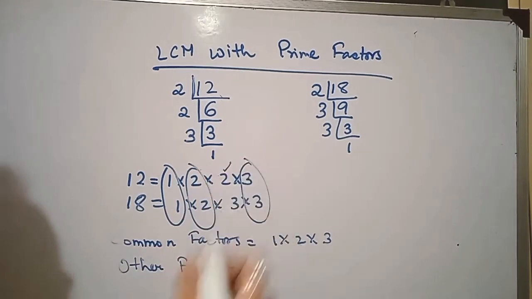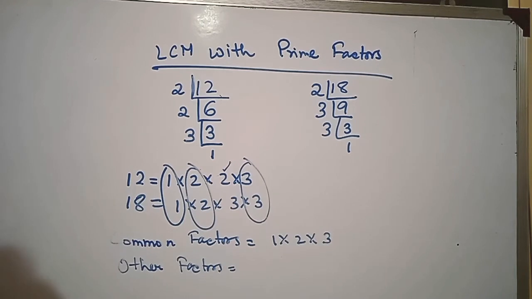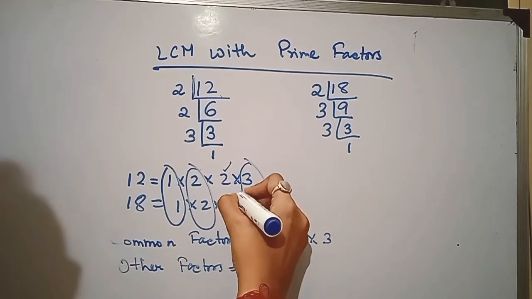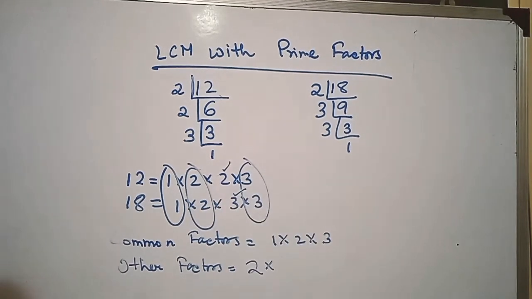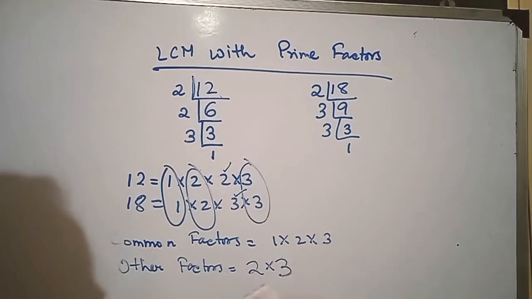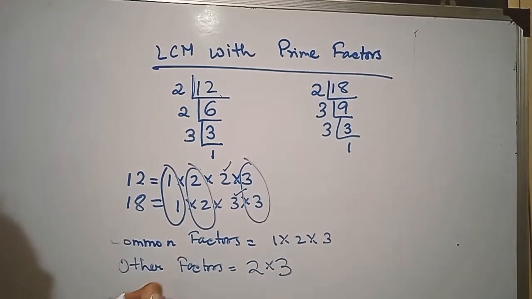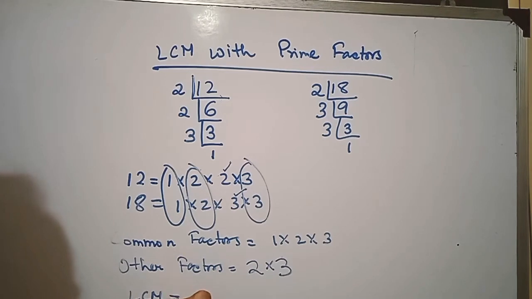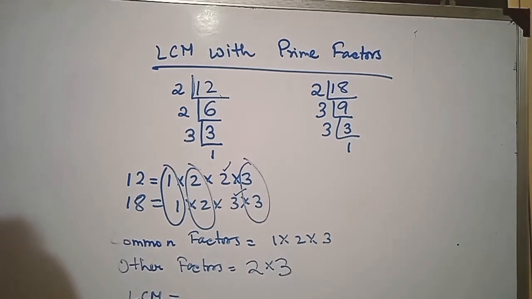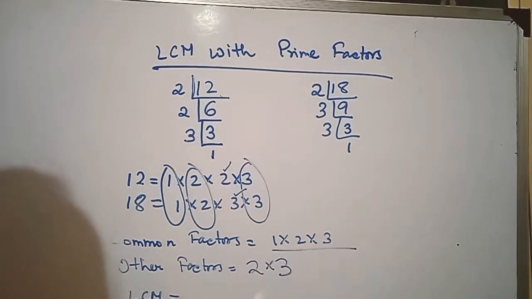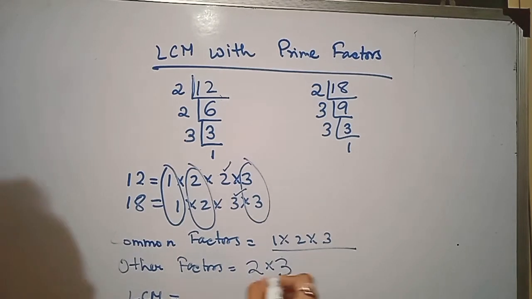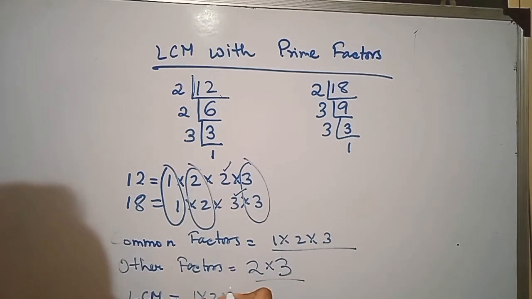That is this 2, because in 12 I can find this 2, but in 18 I cannot find an extra 2. So this is another factor. And this 3 also: in 18 I find an extra 3 which is not in 12, so this is also another factor. To write the LCM, we write the common factors as well as the other factors. So 1 into 2 into 3 into 2 into 3.